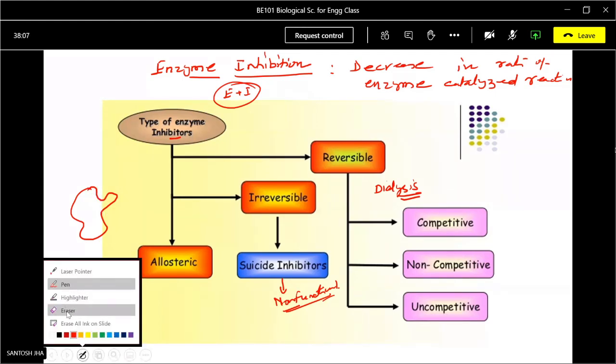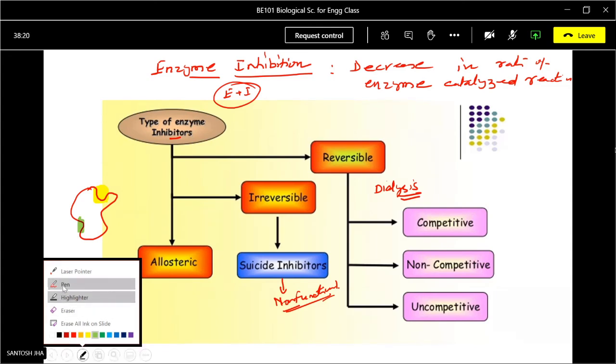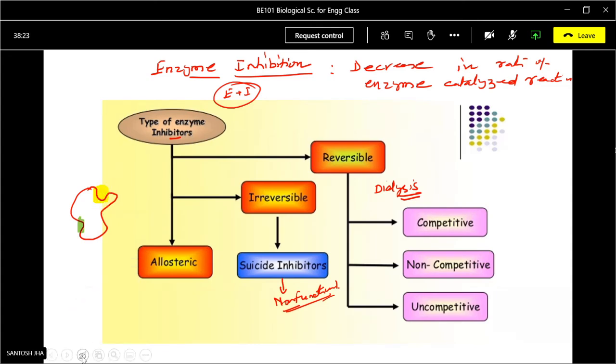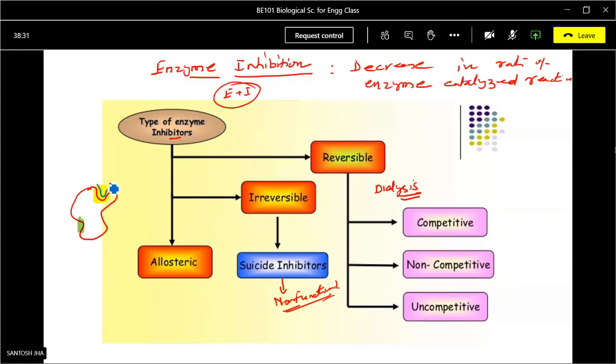Suppose we take this site as the active site, where the substrate molecule binds. This is the site for the binding of substrate. There are also some other sites over the enzyme which are known as allosteric sites.